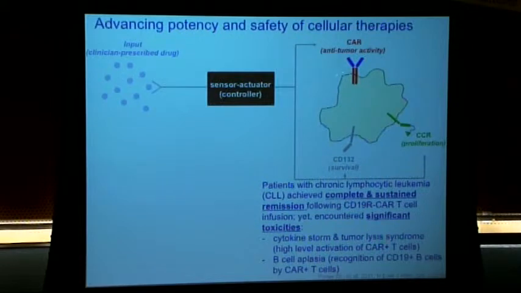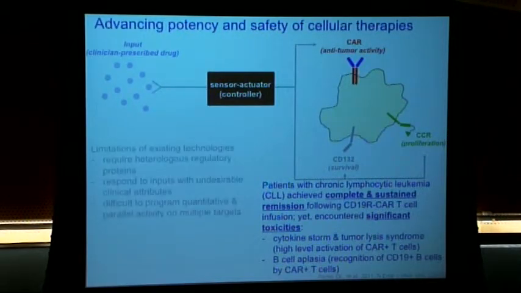Essentially, you have your CAR being expressed at very high levels, your chimeric cytokine receptor, and also different types of receptors for survival. And so you get these off-target effects within the patient that can result in significant toxicities. What you'd like to have is a control system that you can use to regulate the levels to which the different therapeutic activities are active, and how long the therapy is turned on within the patient.